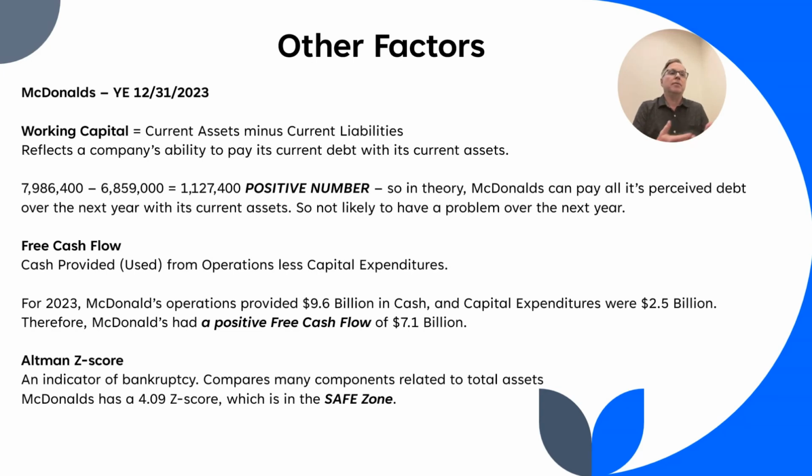And when we run the numbers in the Altman Z, which we'll have a whole video on, that indicator of bankruptcy shows that McDonald's actually is in the safe zone. So they're not going to go bankrupt in the next couple of years. So in essence, that debt to equity ratio that we were all worried about, McDonald's looks pretty good when you look at other factors and other indicators, which is the lesson here.